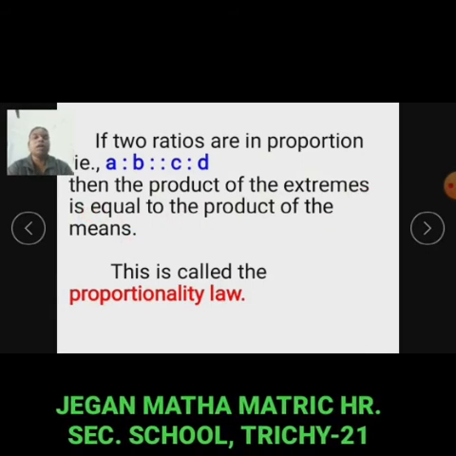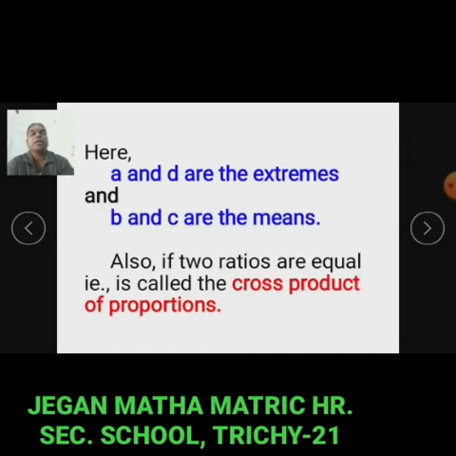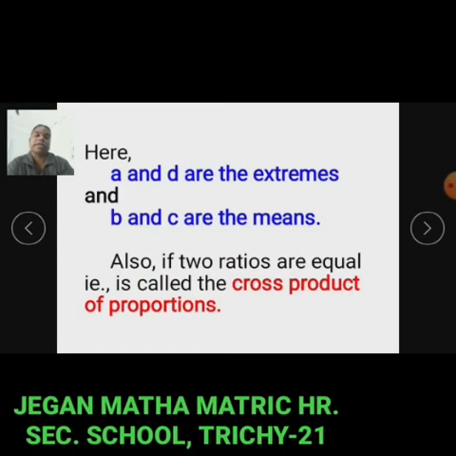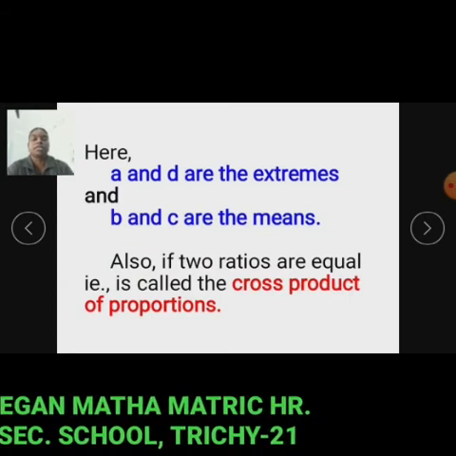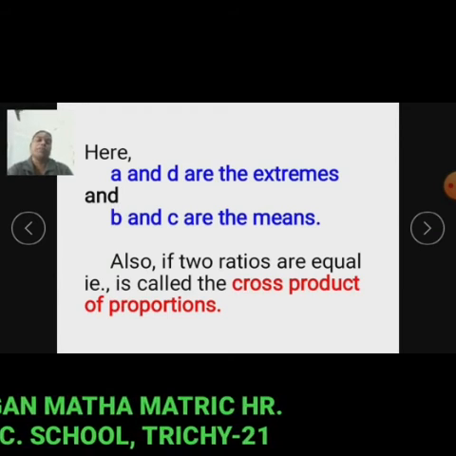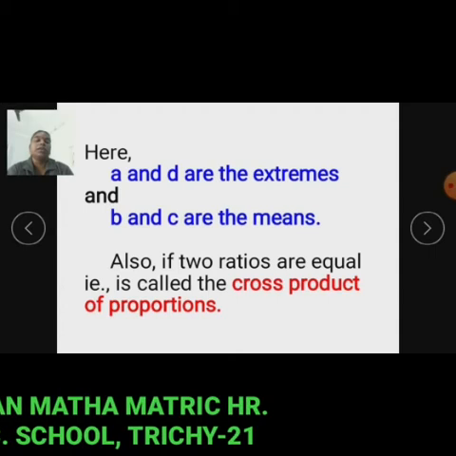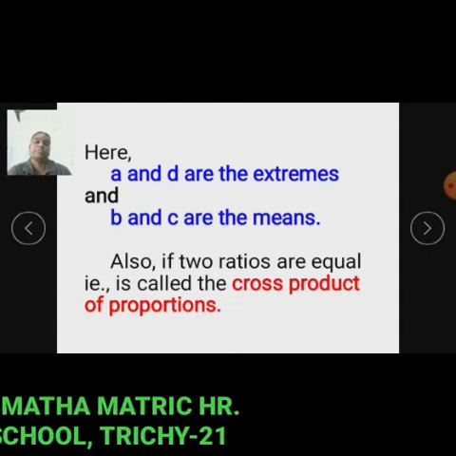This is called proportionality law. Here A and D are the extremes and B and C are the means. Also, if two ratios are equal, that is called the cross product of proportions.